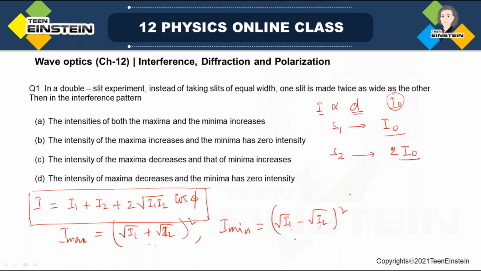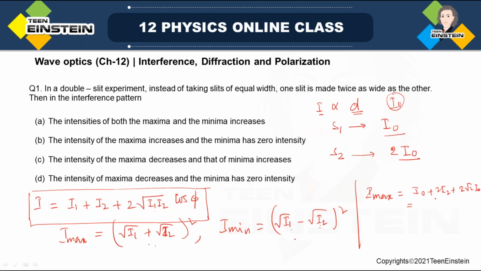If I put it here, Imax is going to be, with the plus 1, I1 is I0 plus 2I0 plus 2 into root 2 I0.